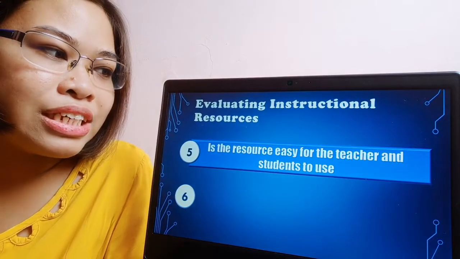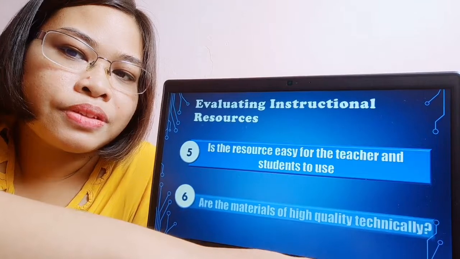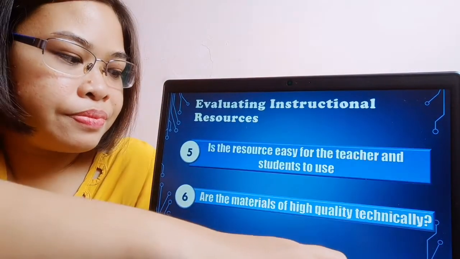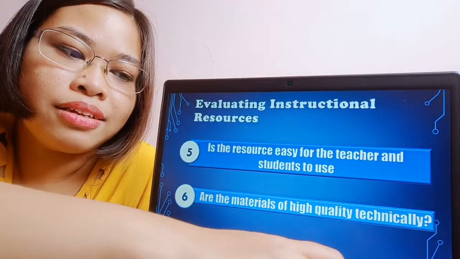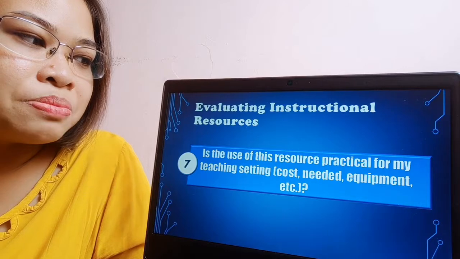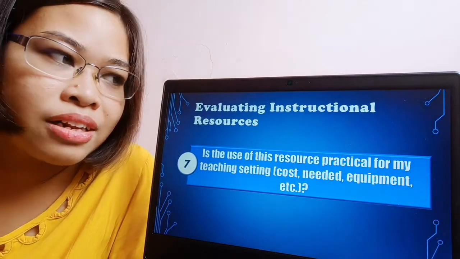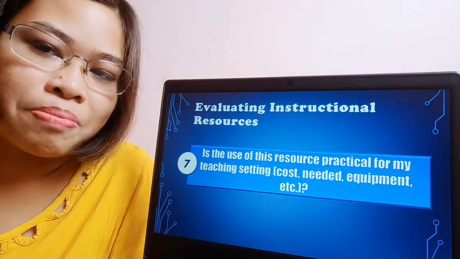Is the resource easy for the teacher and students to use? Are the materials of high quality technically? And lastly, is the use of this resource practical for my teaching setting, cost needed, equipment, and more?